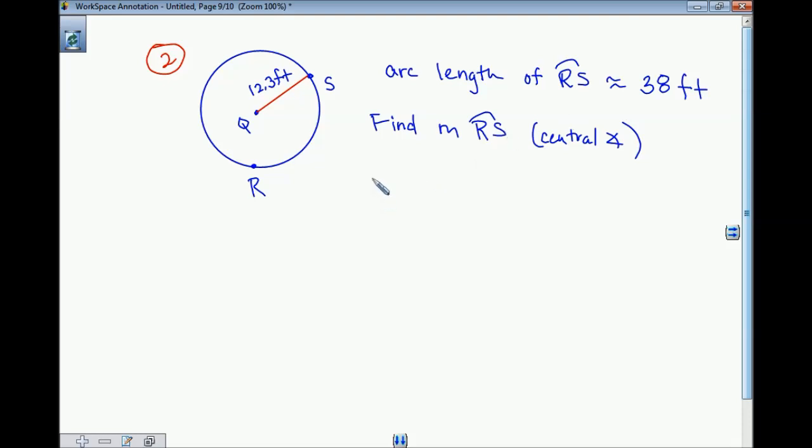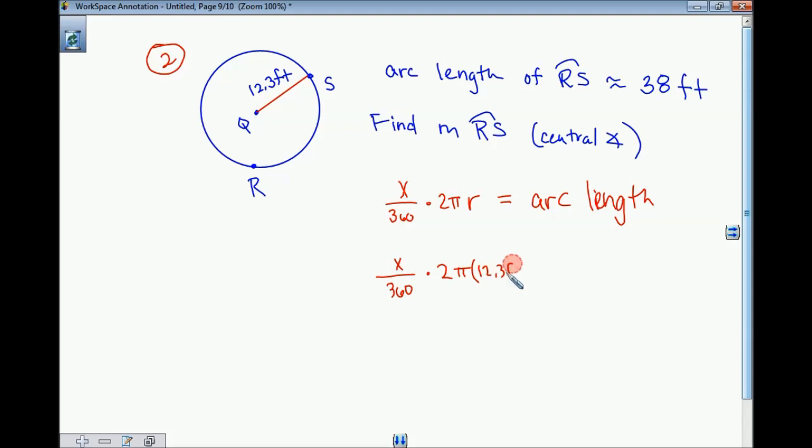So, if we look at our formula, which is degrees over 360 times, not pi r squared, just 2 pi r, is equal to our arc length. Let's plug in the information we have here. We don't know the degrees. That's what we're trying to find. We do know that the radius has a length of 12.3 feet. And we do know that the arc length is approximately 38 feet. And so we're just solving for x.